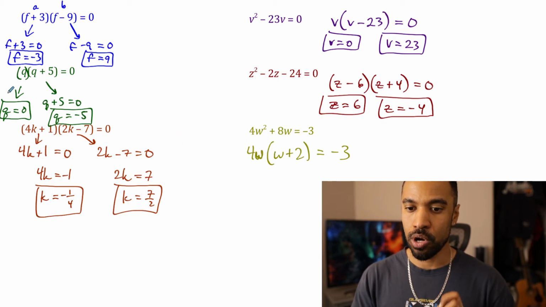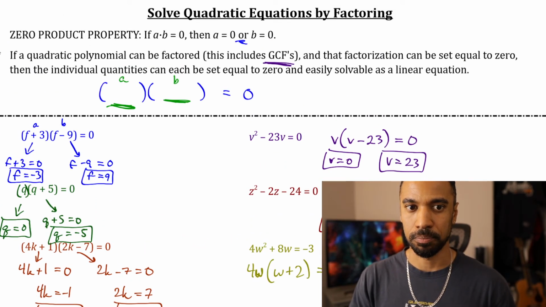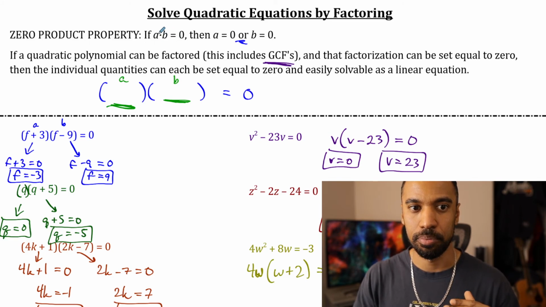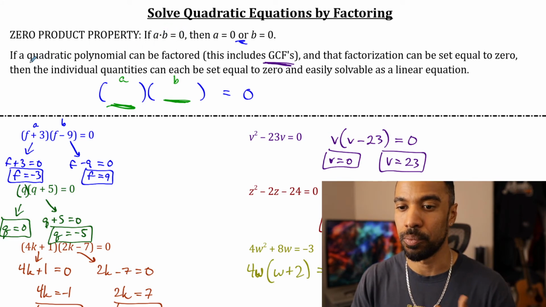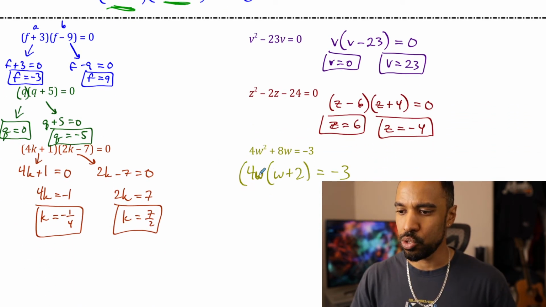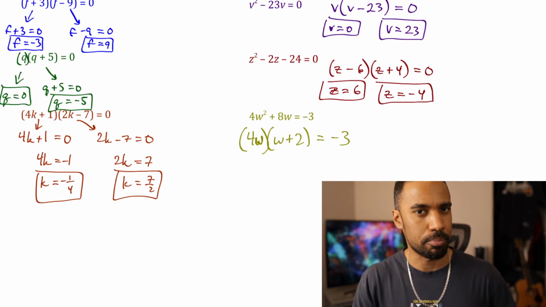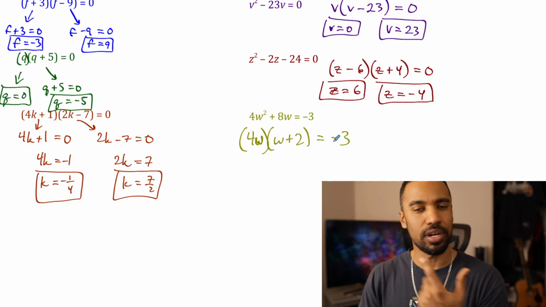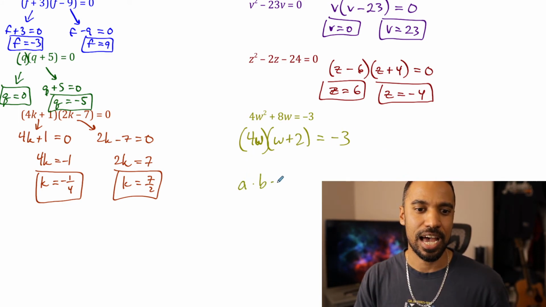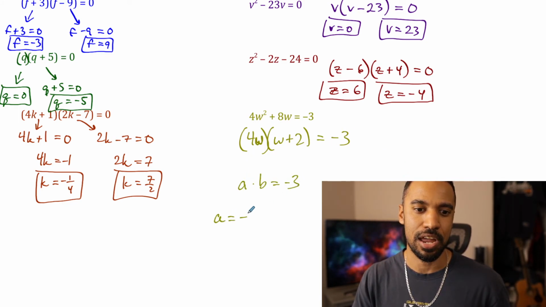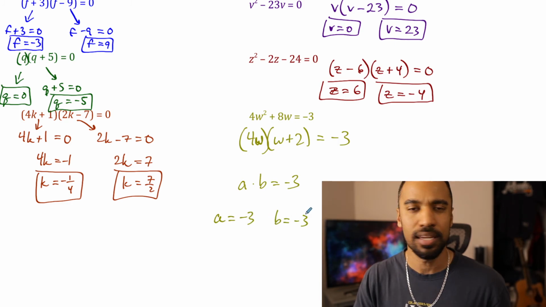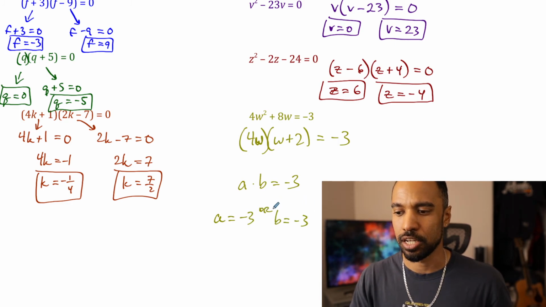It's called the zero product property, okay? This is when you have a product that multiplies and equals 0. This right here, I'm multiplying two things, 4w and w plus 2, and it equals negative 3. There's no negative 3 product property. It's not true that if I multiply a times b and get negative 3, then either a or b has to be negative 3. That's definitely not true.